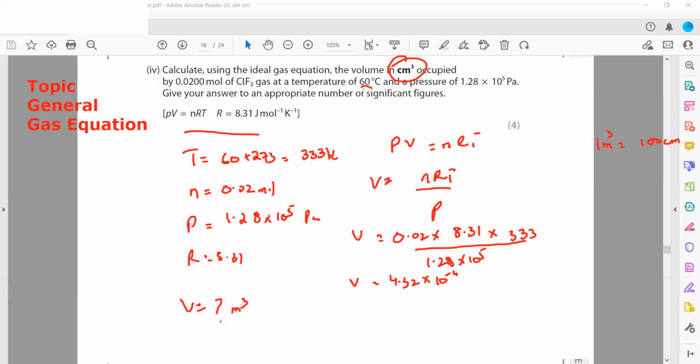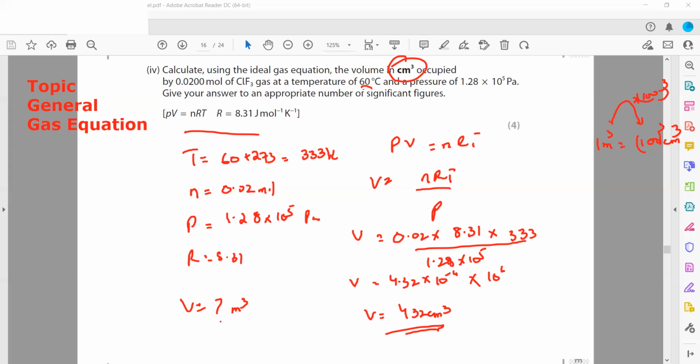So 1 meter cubed is equal to 100 cubed centimeter cubed. Basically, to convert meter cubed into centimeter cubed, we have to multiply by 100 cubed, or I can say 1 million, or 10 to the power 6. When we multiply this, it gives the final answer in centimeter cubed, which is 432 centimeter cubed.